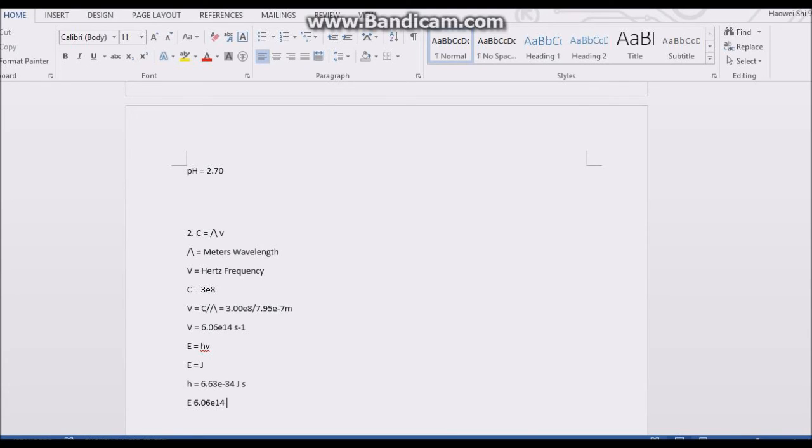Now we need to multiply that by Planck's constant of 6.63 times 10 to the negative 34, which yields, according to my calculations, 4.02 times 10 to the negative 19th joules.